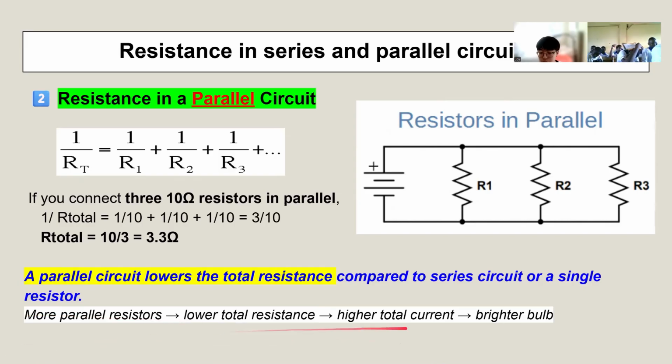So this is just a lot of cause and effect. First, if you put more in parallel, then there will be lower total resistance and therefore higher current. Okay. I hope everyone understands. Do you have any questions so far with these two resistor arrangements?